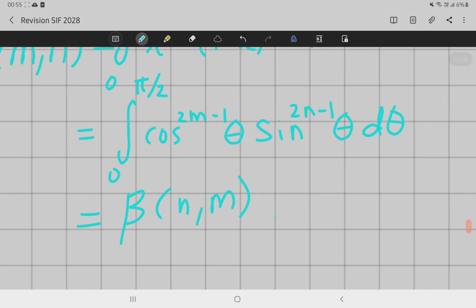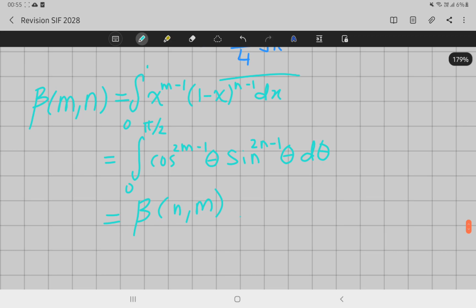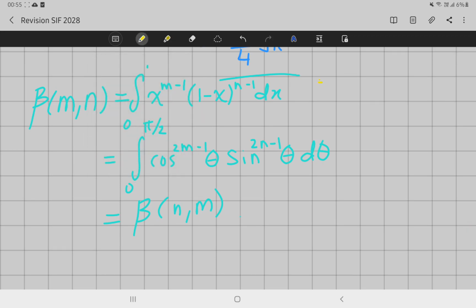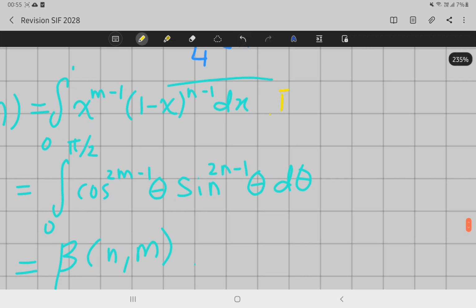So you can prove it using the first formula. This is the first formula. Okay, like that.